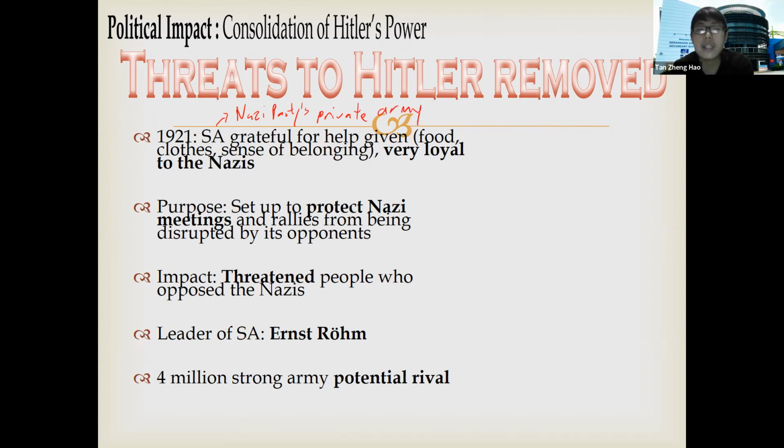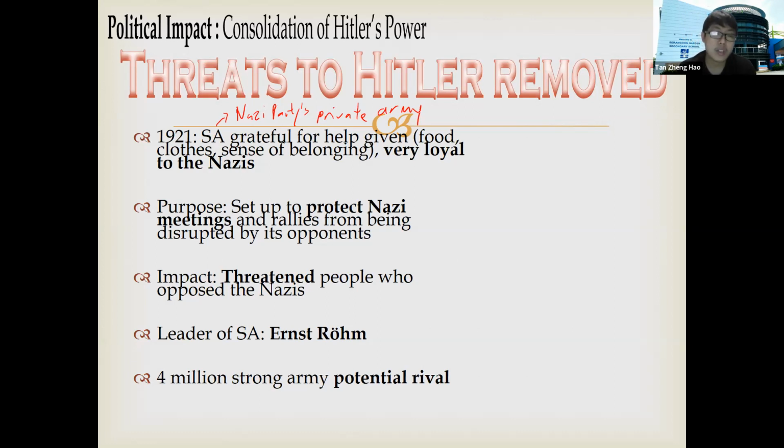The Nazis created this small army to help them achieve their political goals and to protect Nazi meetings from other people. They tried to force people to vote for the Nazis by pressurizing them, so they basically acted like big gangs. And there was a leader of the SA called Ernst Röhm.